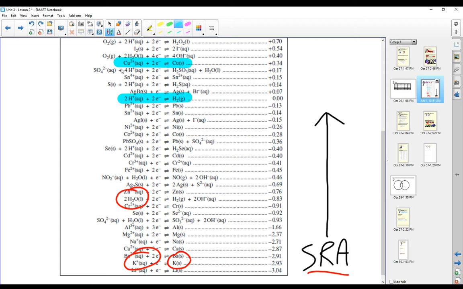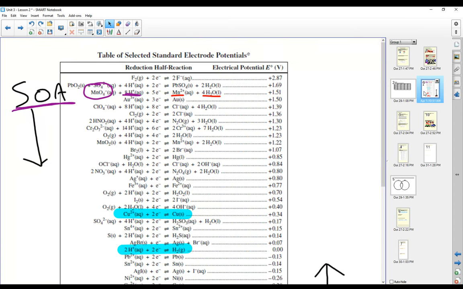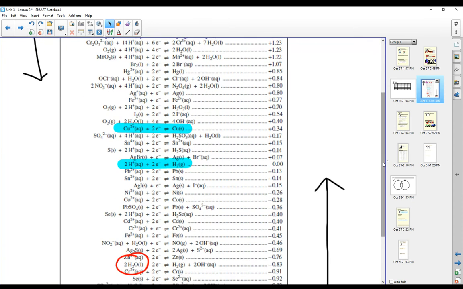Now, if we go back to our spontaneity rule, which is here, our oxidizing agent has to be above a reducing agent. But we know that our oxidizing agent is H plus, which is below copper solid.